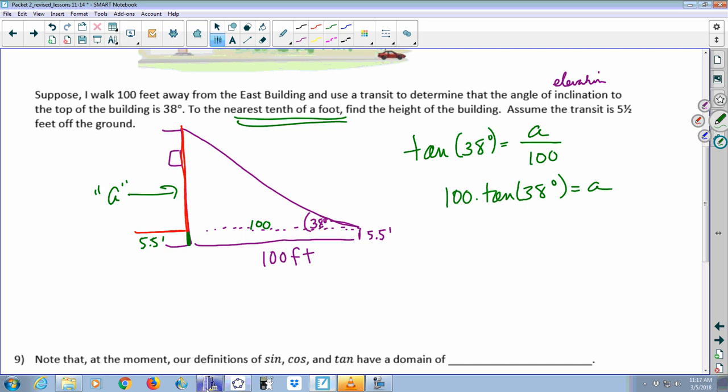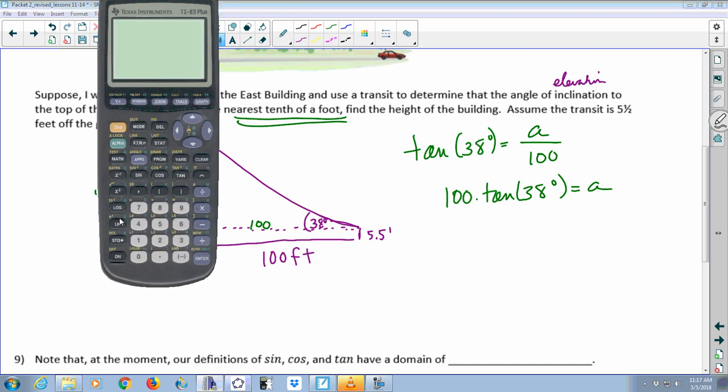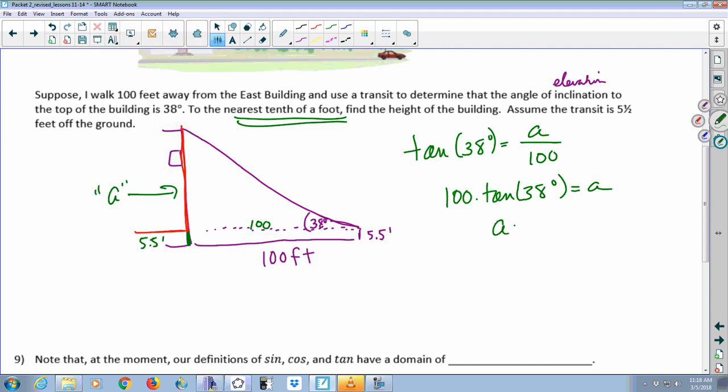So I open up my calculator, turn it on first, clear it out, and put in tangent of 38 times 10, which is 7.812856, so I want 7.8.